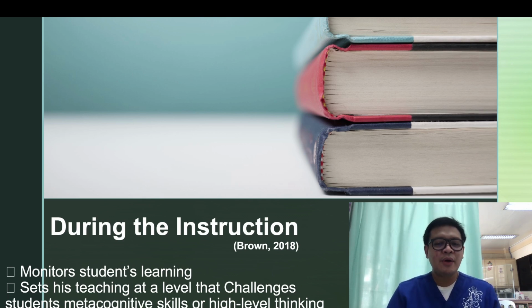That's also with Brown of 2018. So we have to monitor students' learning. In this particular phase, we also have to set teaching at the level that challenges students' metacognitive skills or high level thinking. It's very important that as teachers, we will be able to challenge the thinking and cognitive skills of our students.